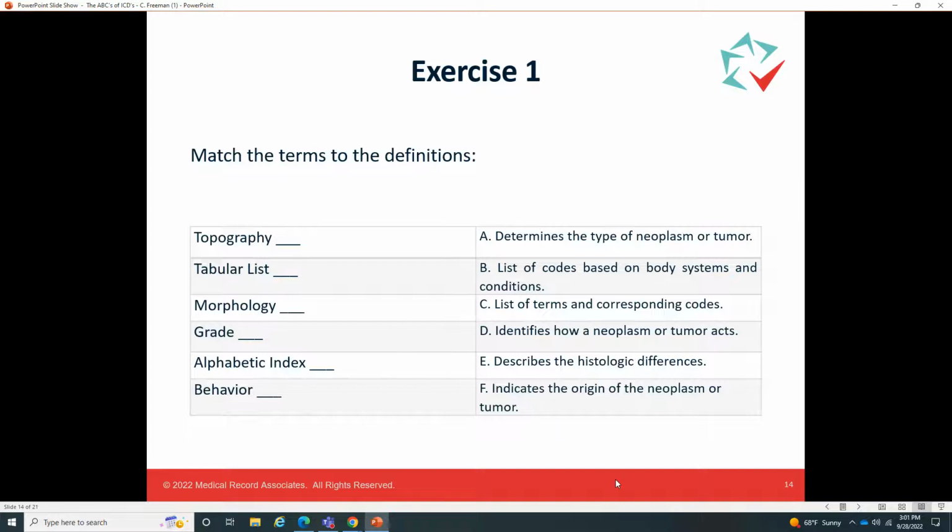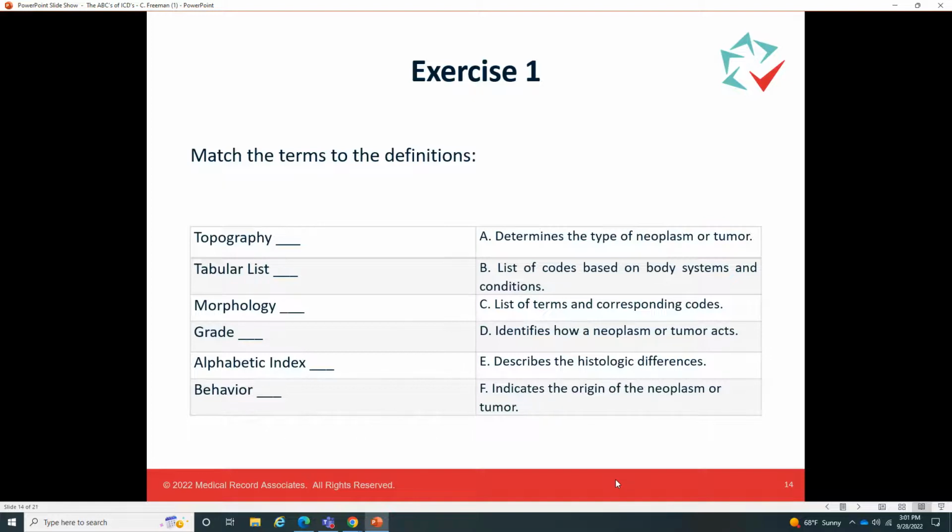Tabular list is a part of the diagnostic code, and that would be B, list of codes based on body system and conditions. Morphology or histology, the type of neoplasm or tumor that we have.